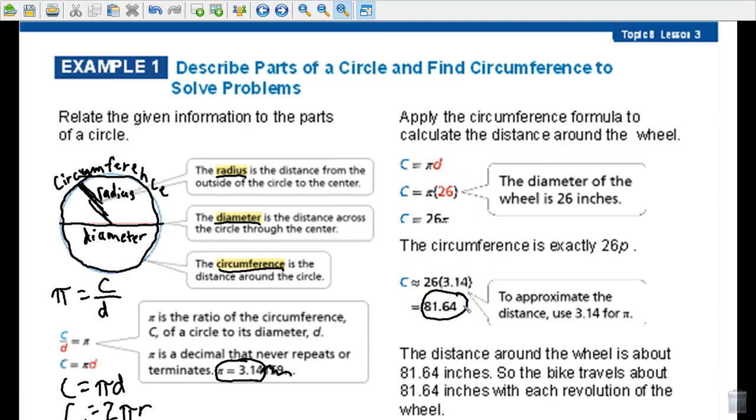I would like you to write down, when you do work, c equals pi times d, and then whatever your diameter is, like they show you right here, pi times 26, and then you can just do c equals 81.64, I lied. That's all you have to do. Let's move on.